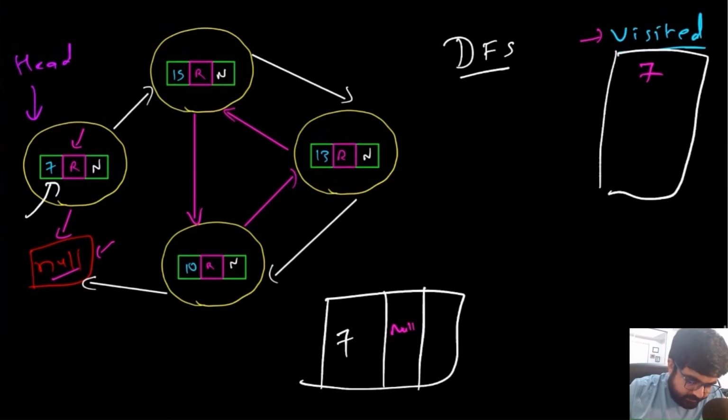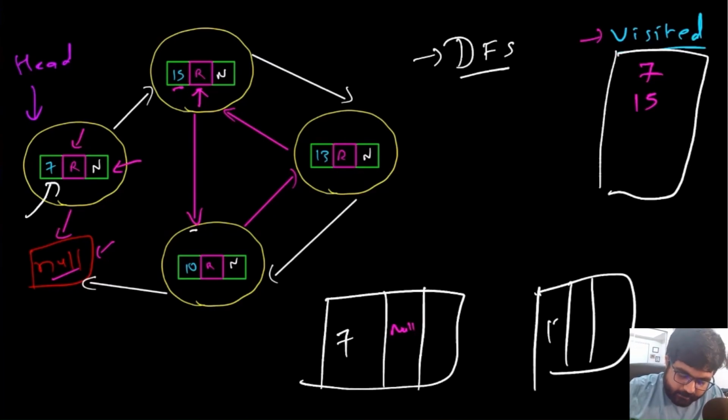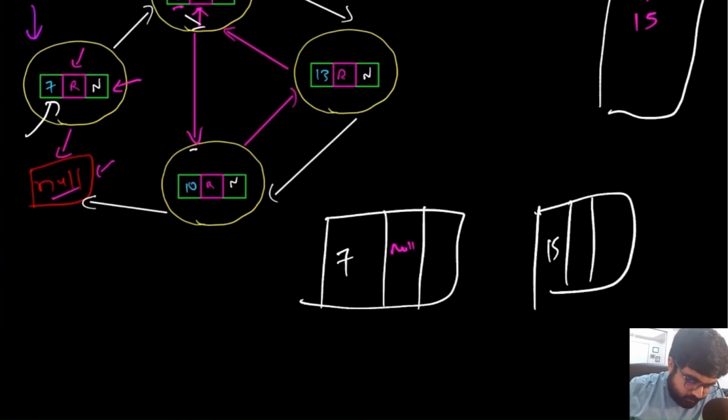And also in this case, the next pointer we need to go over is the next edge. The next edge is pointing towards value number 15. So we will check whether 15 has been visited or not. 15 has not been visited, so we will add entry 15 over here. Now we will start visiting 15's first edge, which is the random pointer. If we go depth first search recursively, let me create a new node 15 over here, and this 15's random edge is taking us towards node number 10.